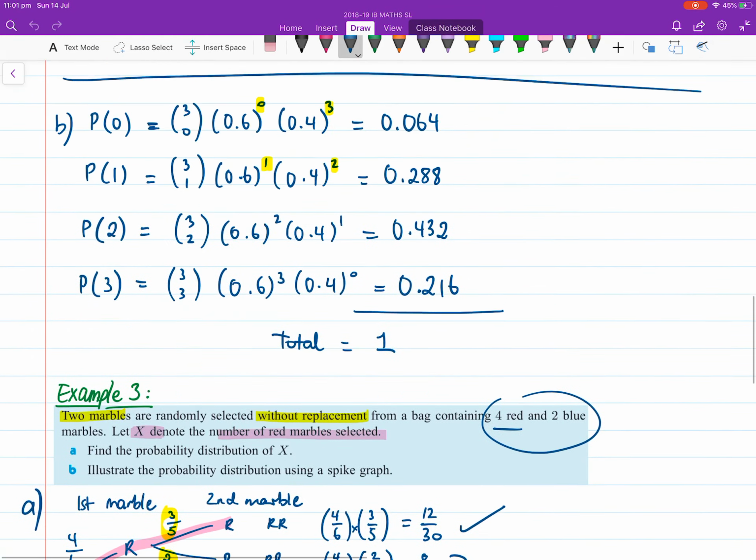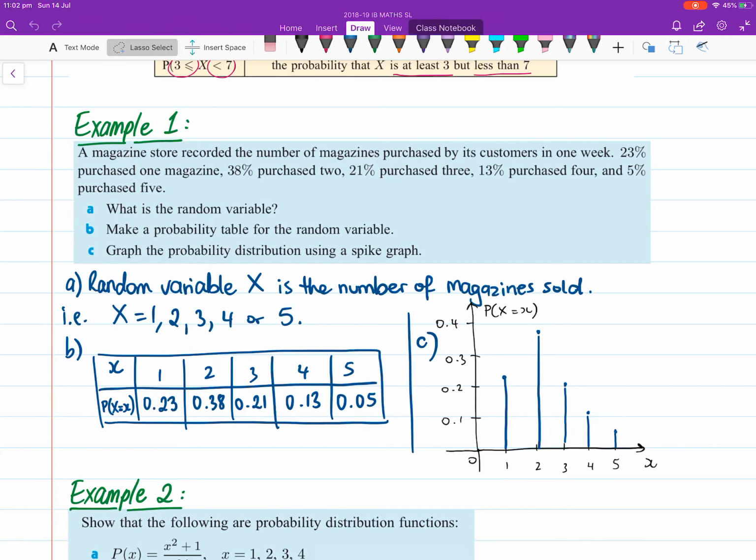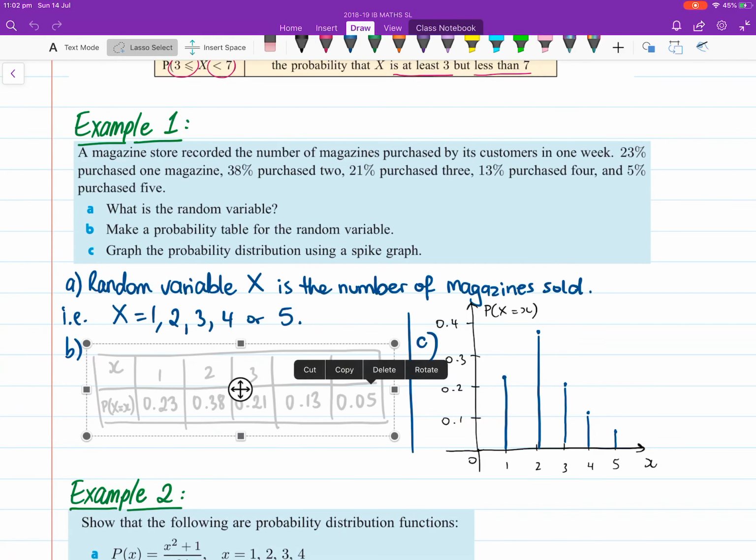We said the magazine store sold 1, 2, 3, 4 or 5 magazines each day. Actually, let's just copy paste our table here. Copy, let's go back down here. Can I paste it?